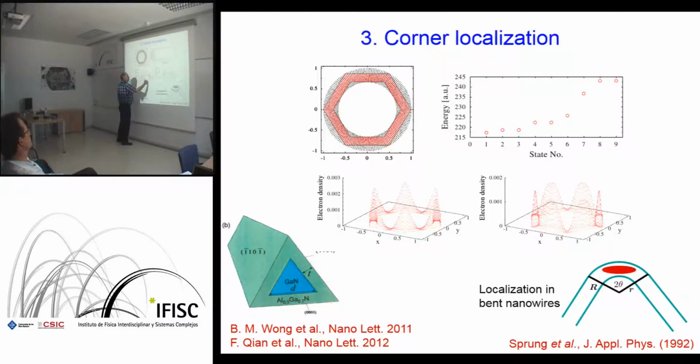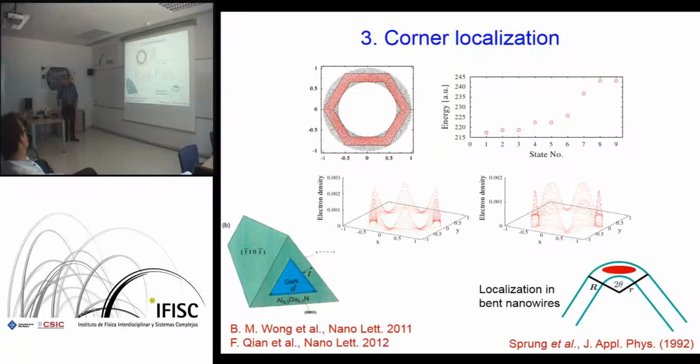And there is a group of states, as many as corners, times 2 because of the spin. So the spin is not included here, 6. So these are the corner states of the hexagon. And then the states with higher energies tend to be localized on the sides and have minima on the corners.